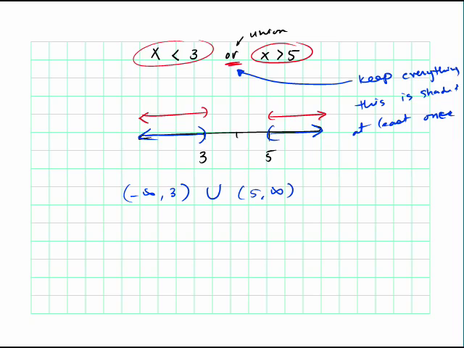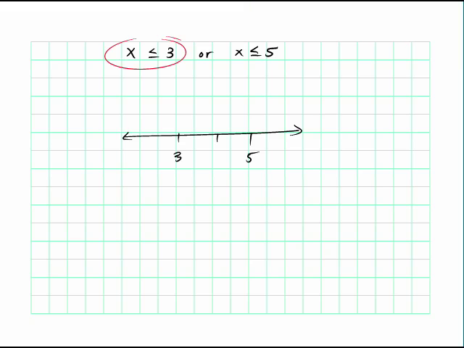Here's another one. Say we have x is less than or equal to 3, or x is less than or equal to 5. Scratch work first. All numbers that are less than or equal to 3 would look like this. Less than or equal to 5 would be these numbers. That's my scratch work.